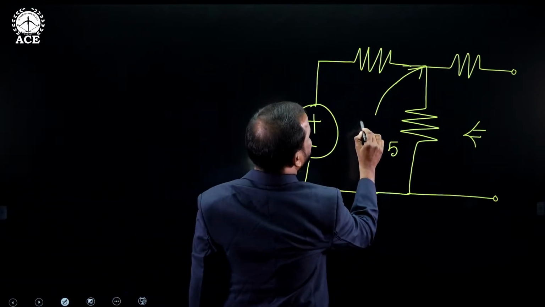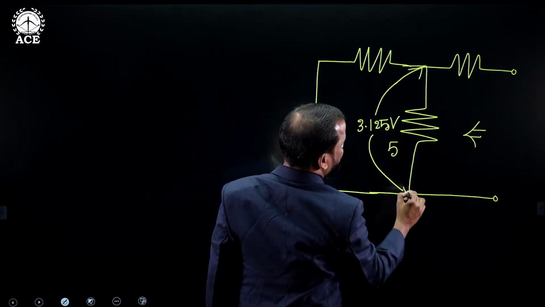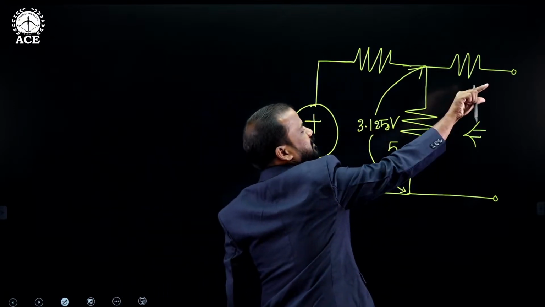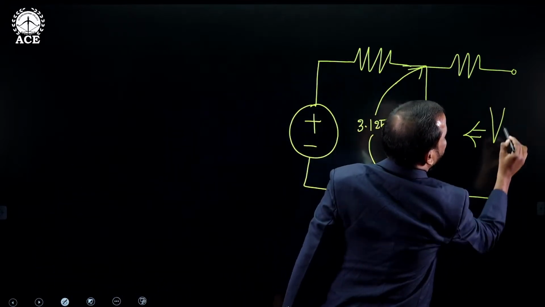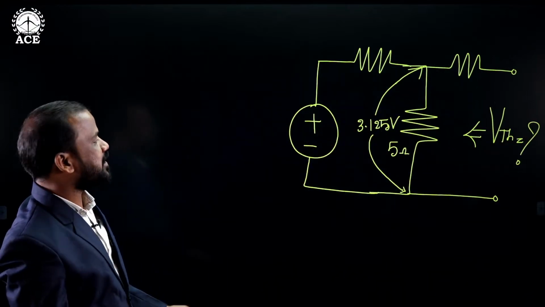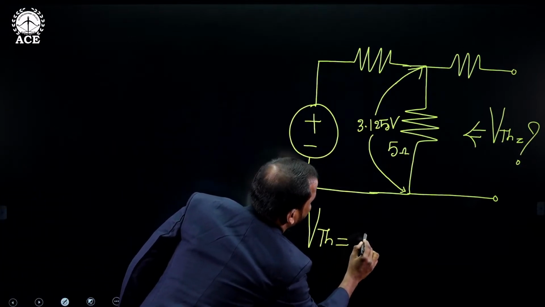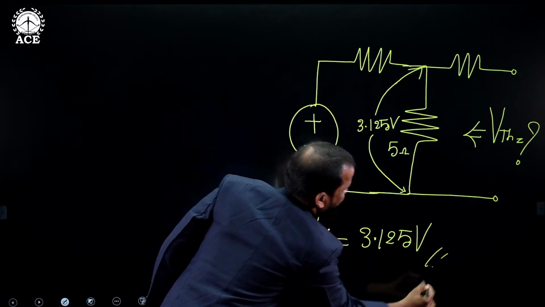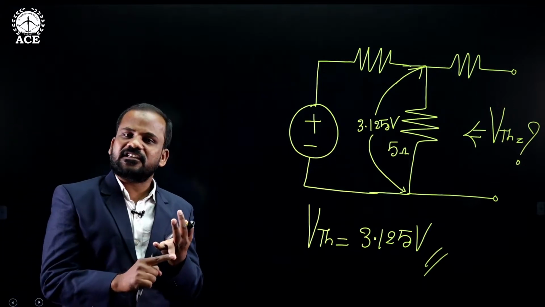So I can directly say that 3.125 volts is the voltage drop across this 5 ohms. Okay. Now this value is directly appearing across the terminals A and B. So we can say that the Thevenin voltage across the open terminals where we disconnected is given by, V Thevenin is equal to 3.125 volts.